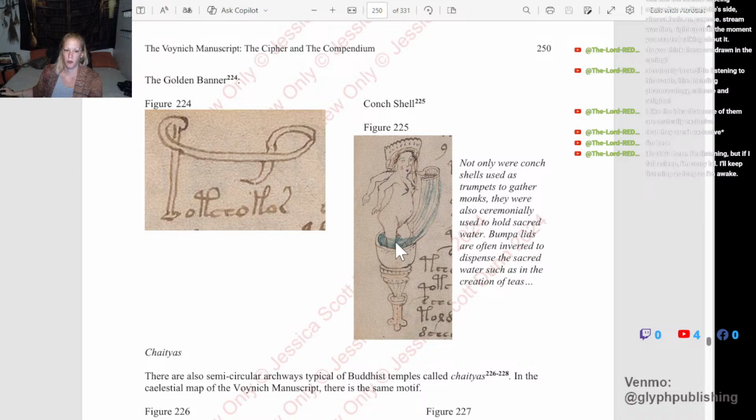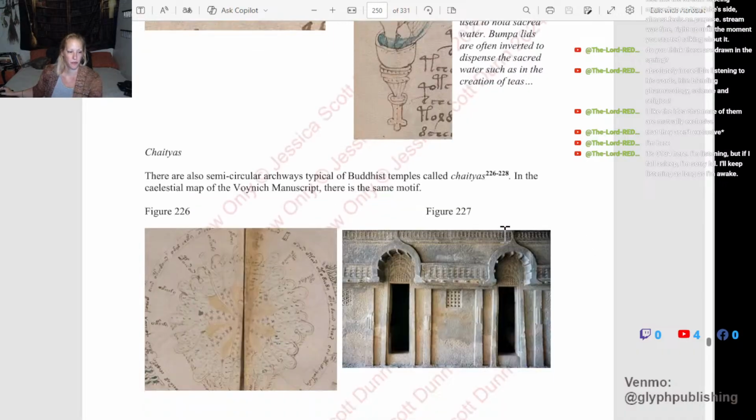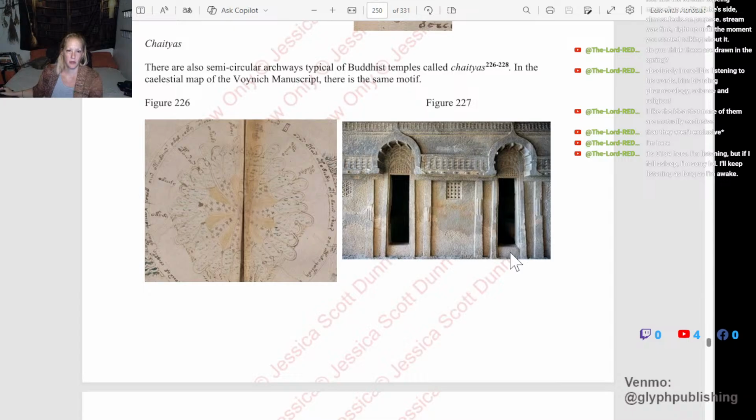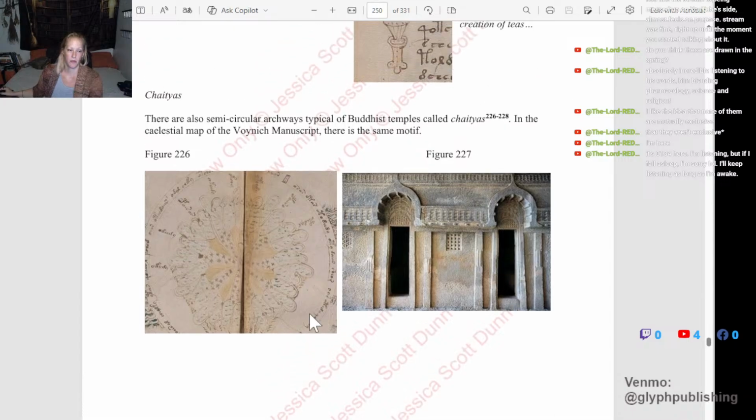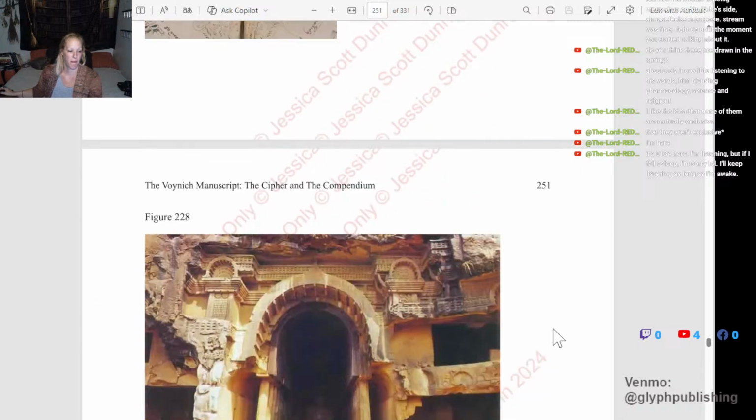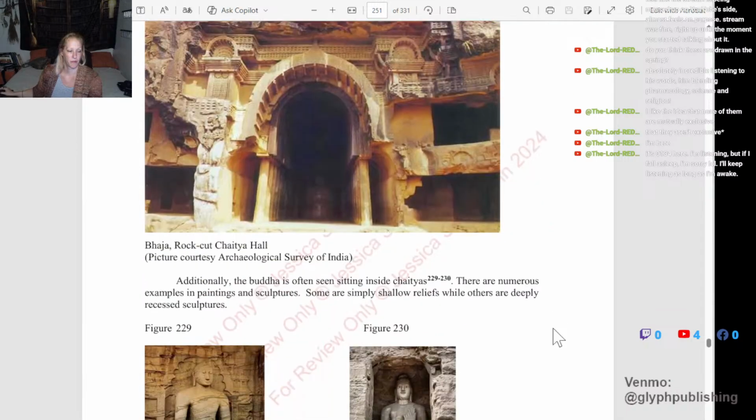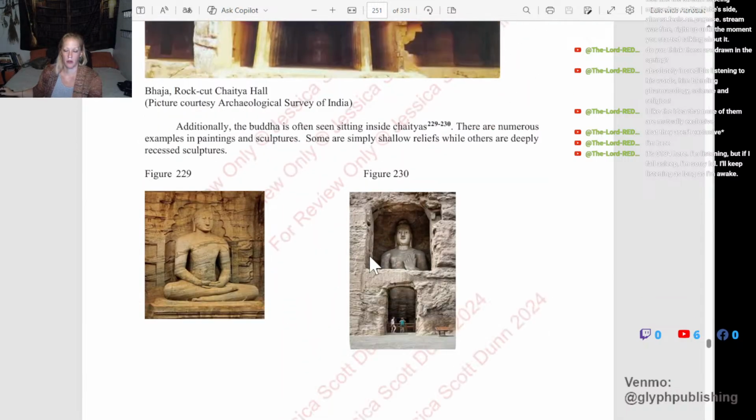She's both scooping up the tea, the elixir, and blowing on it, which are 2 ceremonial things both done with the conch shell. Here are the Chaityas. You can see them here. These are the more ornate ones. Here is the less ornate, very simplistic.